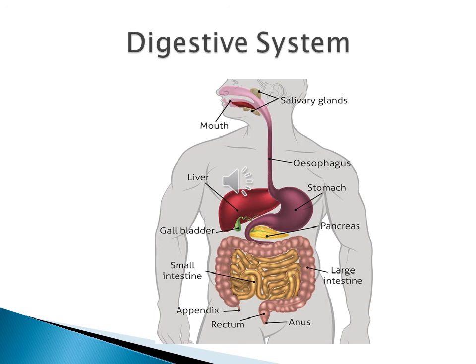The digestive system starts with the mouth, then continues to the esophagus and stomach, with the liver and pancreas in between. Then the stomach leads to the small intestine, then the large intestine, and the last part is the anus, through which undigested food goes out. So you must learn the spelling and parts of the digestive system.